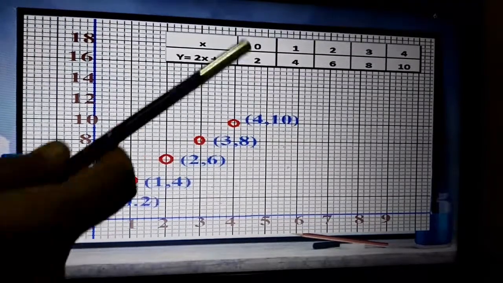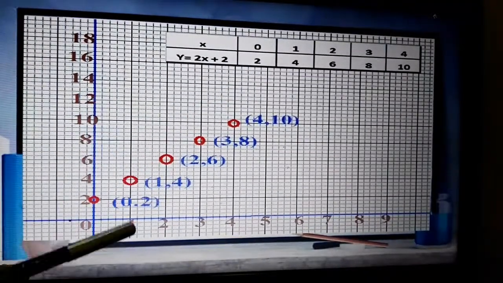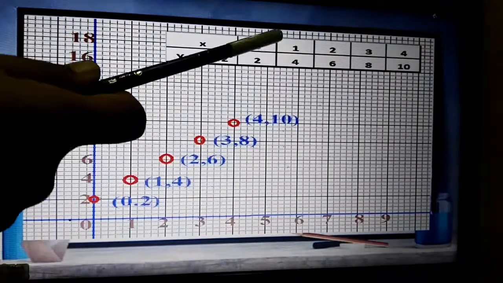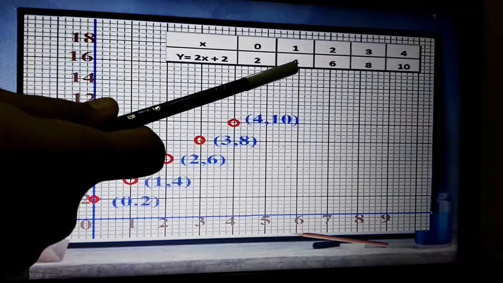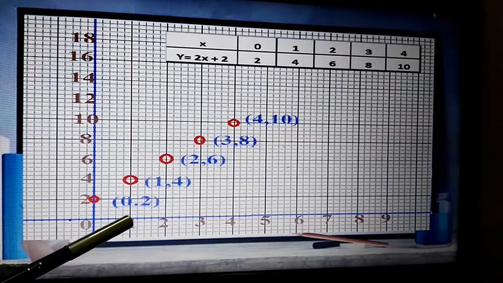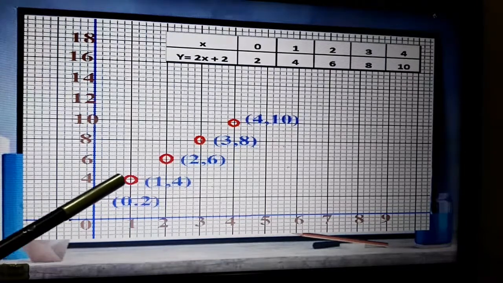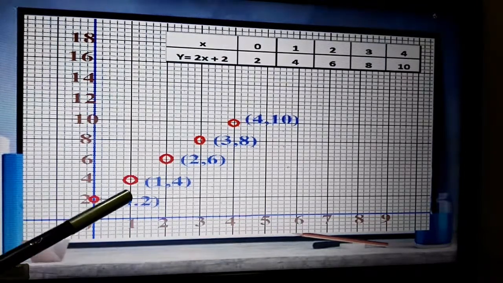So, when x is equal to 0, y is equal to 2. So x is equal to 0 and y is equal to 2 here. Now x is equal to 1 and y is equal to 4. When x is equal to 1, y is equal to 4. 4 is here, so 1 is here.